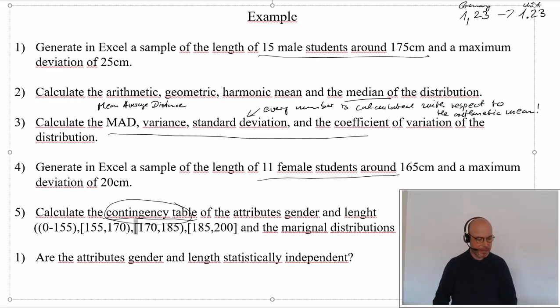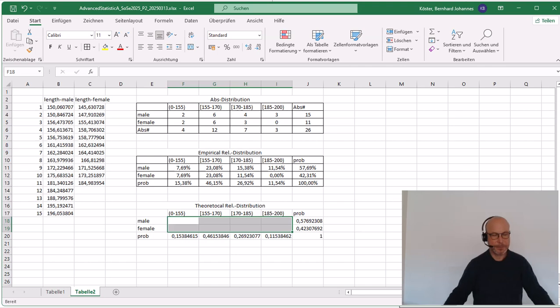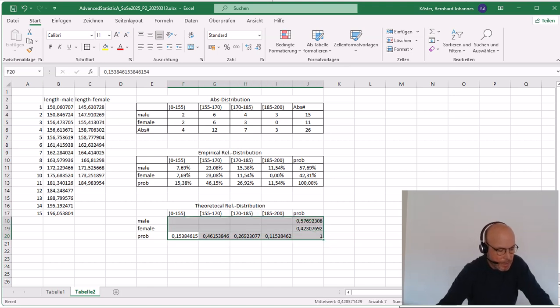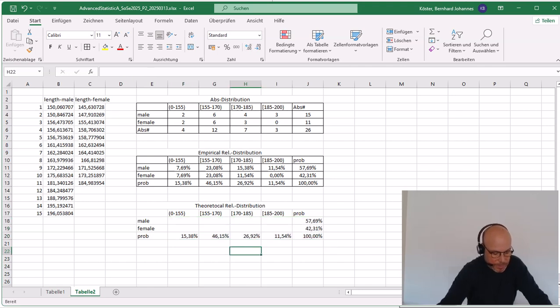And therefore, if our attributes would be independent, then we have to multiply the probabilities, and let's write it down again in percent.